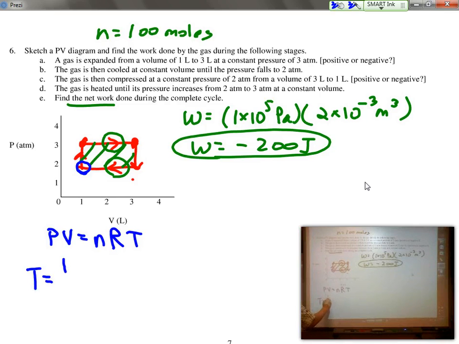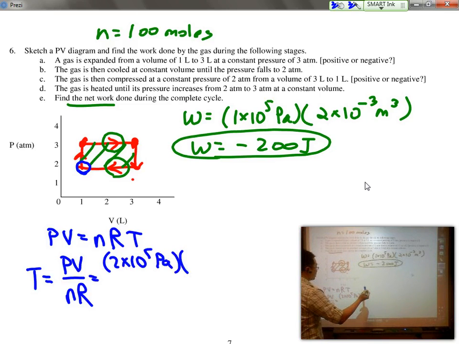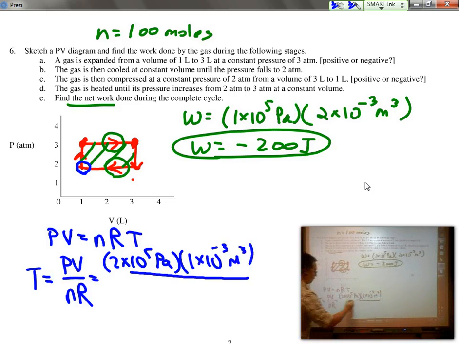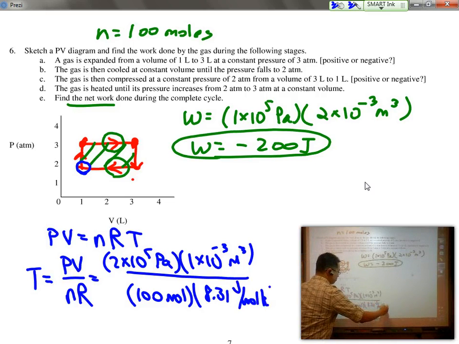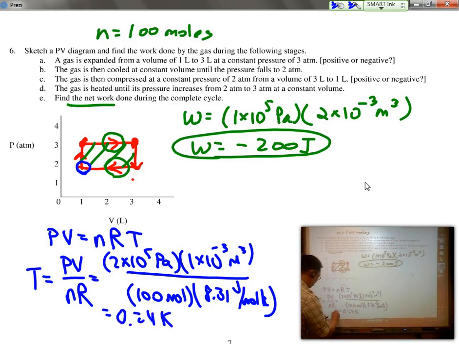Temperature would equal PV over nR, so that would equal 2 times 10 to the 5th pascals times 1 times 10 to the negative 3rd meters cubed divided by 100 moles times 8.31 joules per mole Kelvin, which gives me a final answer of 0.24 Kelvin.